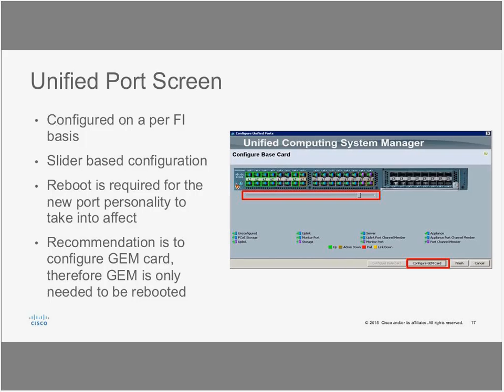If you use the expansion module for Fibre Channel, you only reboot the expansion module. Obviously, if you're changing the port roles on the base card, you're going to have to reboot the base card, and most of the time that's going to take a hit on your production.